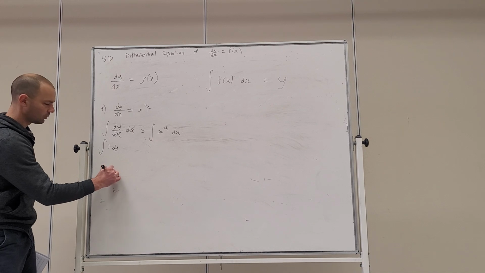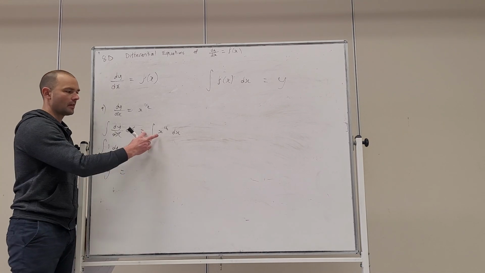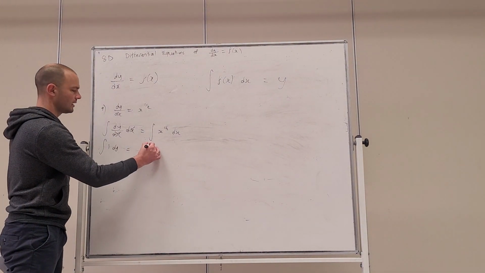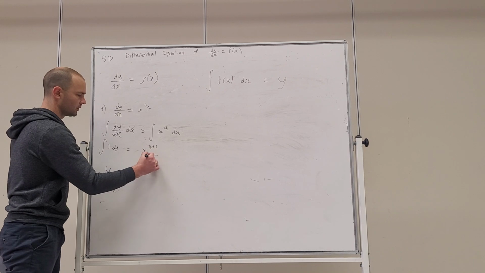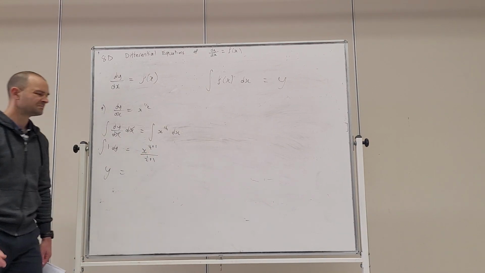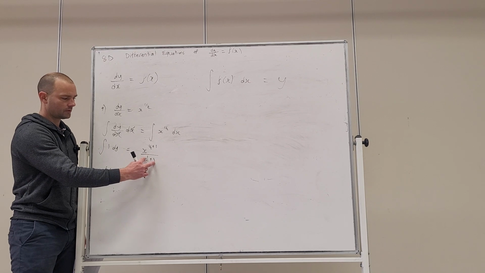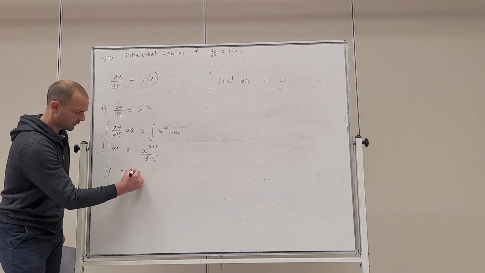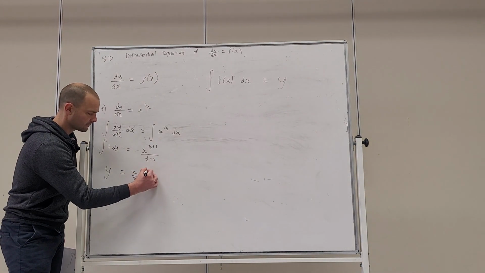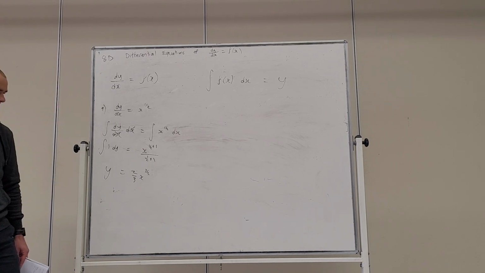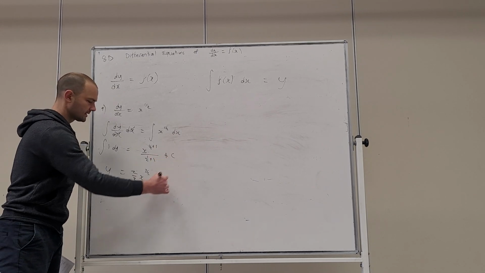The left-hand side will integrate to y, and the right-hand side will integrate to x to the half plus 1, on top of half plus 1. Okay, so that gives us 3 on 2, x to the 3 on 2, on 3 on 2, so 2 on 3 x to the 3 on 2. We'll simplify to, plus c.